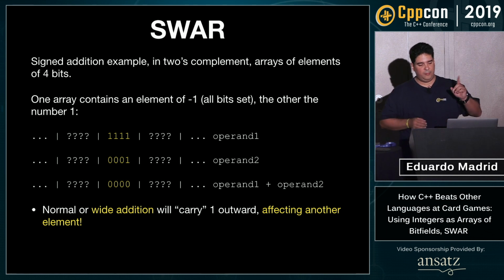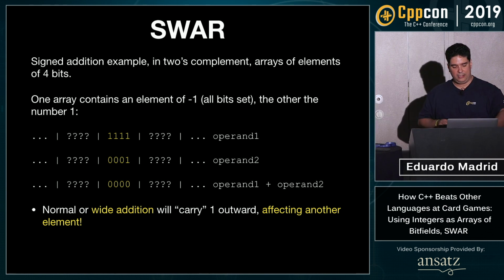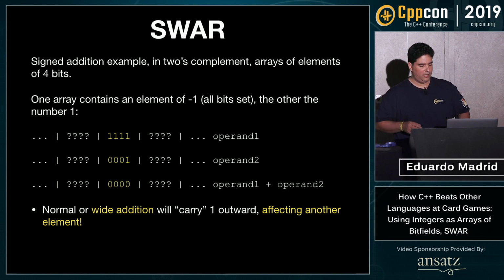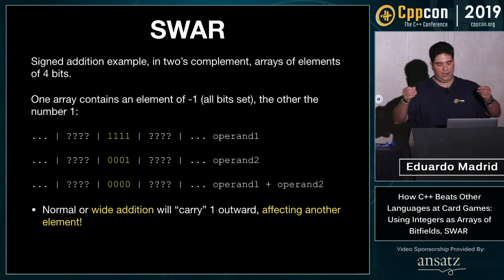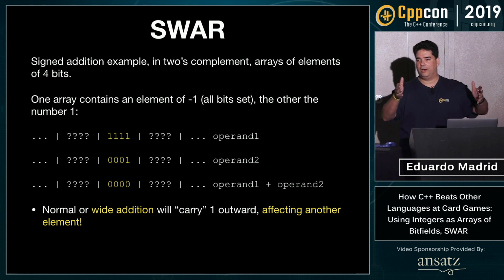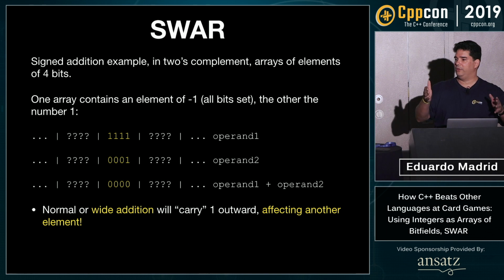But there is a problem there, which is that there is a carry escaping outward, disrupting what happens in the other elements in the register. So the little bars that I put are virtual. That's what we are trying to accomplish: separation between the elements.